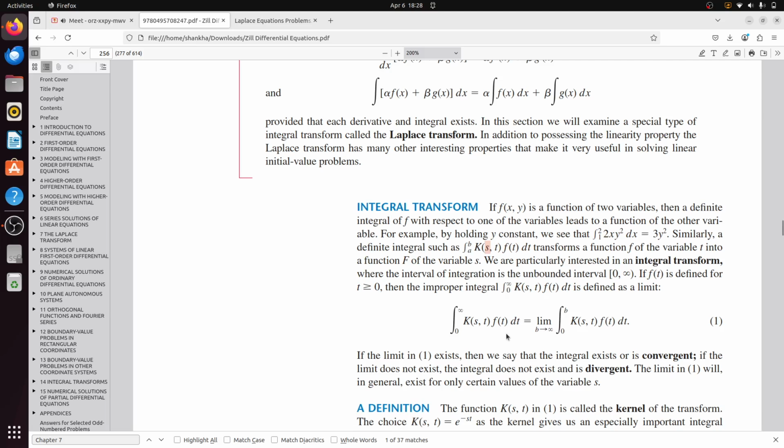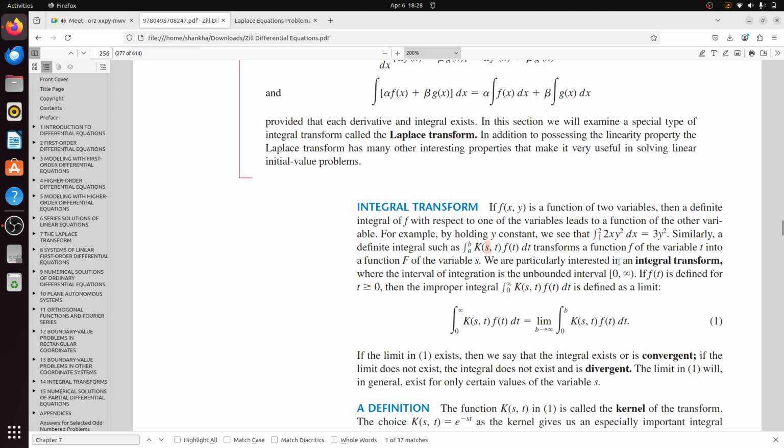Depending upon this s, if you integrate it from a to b with respect to t, the final expression will contain the variable s. So this parameter variable will determine the ultimate transformation, and obviously the resultant integration will be a function of s.